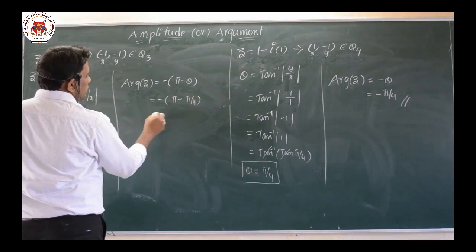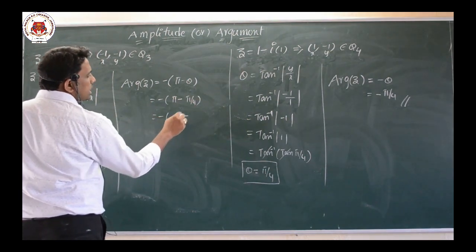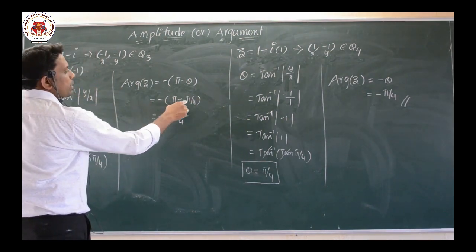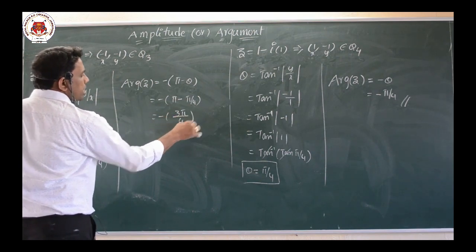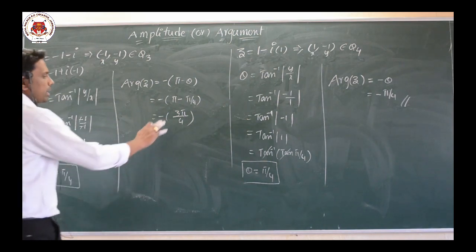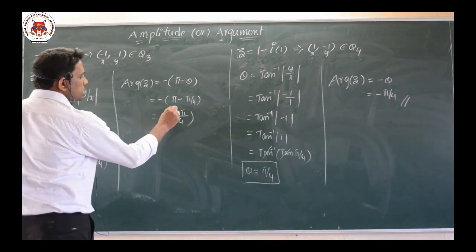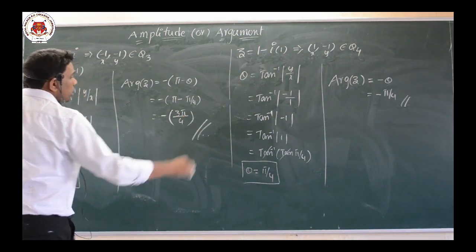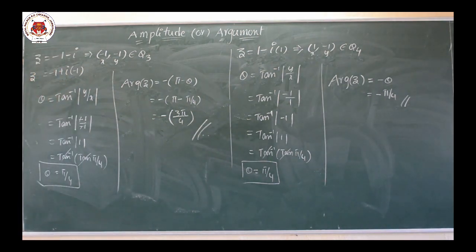The LCM is 4, so 4 pi minus pi means 3 pi. So what is the argument of this complex number? The argument or amplitude of this complex number is minus 3 pi by 4 is the answer.